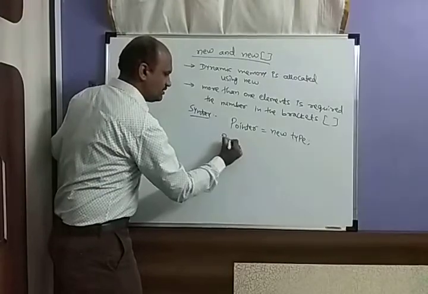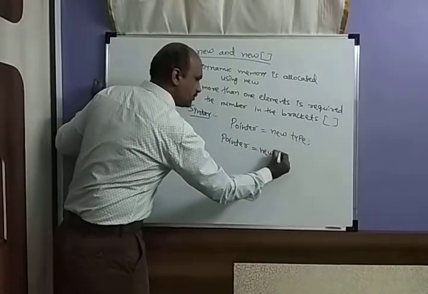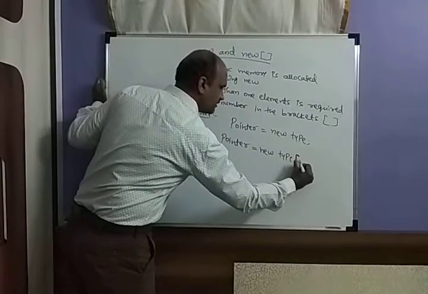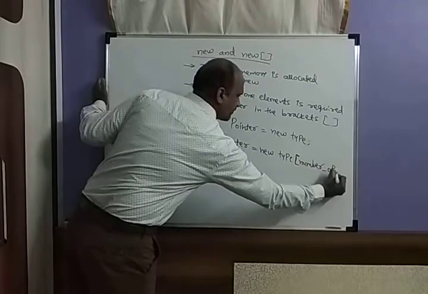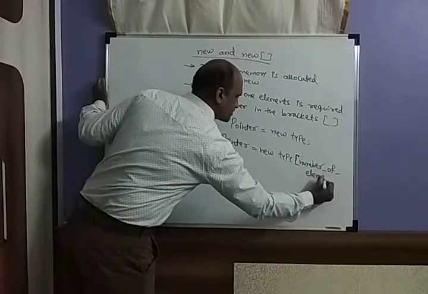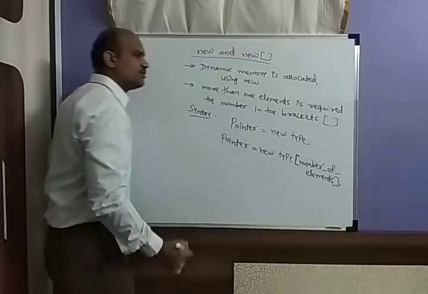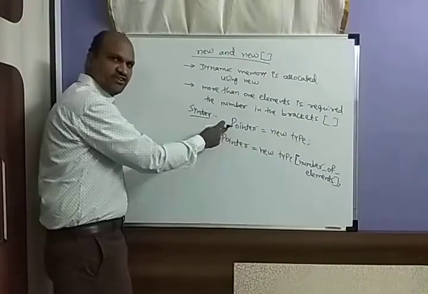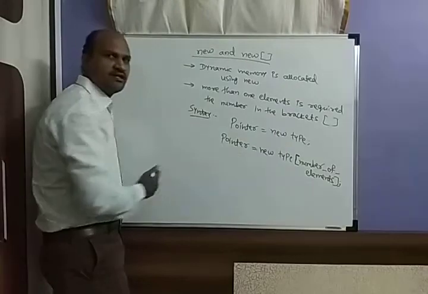When you go for the array allocation, pointer is equal to new type, and in the square brackets the number of elements. This is the syntax for allocating new for a single element, and for the number of elements with the array.